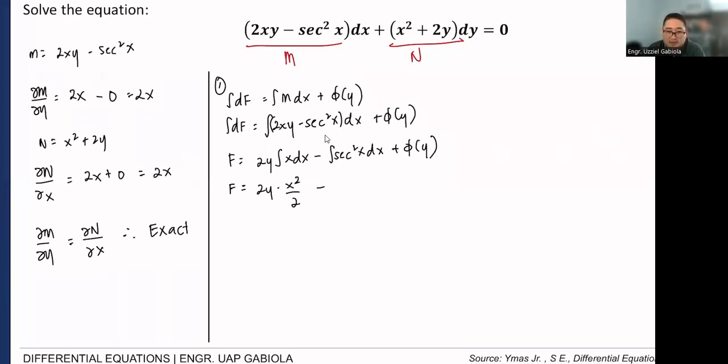Once you check your integration formula, meron po yan. That is equivalent to tangent x. Plus phi y. So yan yung value ng ating f. Simplify lang natin. We have f is equals to x squared y minus tangent of x plus phi y.